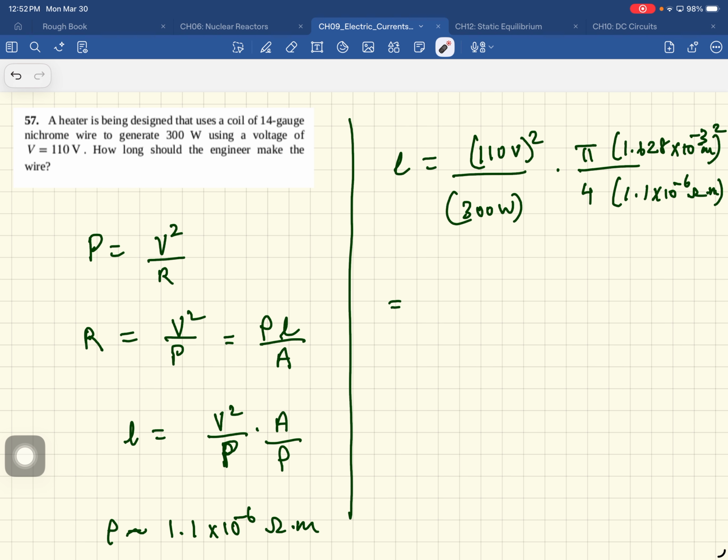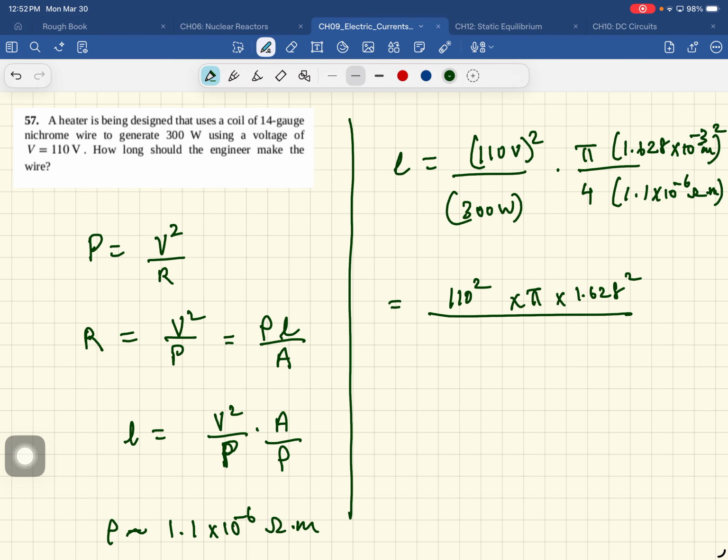This is 10 to the minus 6, and this cancels that, so we don't have to worry about that. So the length is 110 square into pi into 1.628 square divided by 300 into 4 into 1.1, meters.